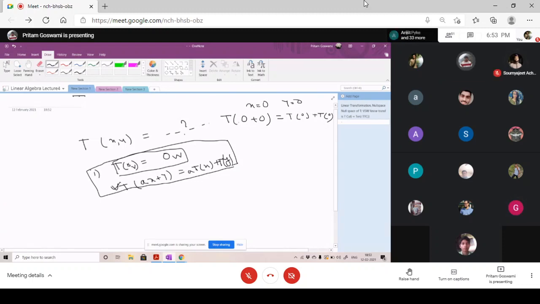Yes, sir. Now T of 0 plus 0 is basically nothing but T of 0, because 0 plus 0 vector is 0 vector only, and here it will remain the same. So basically if you cancel one T of 0 from both sides, you will get T of 0 equals 0. So you don't have to check this also, you just have to check whether this is met or not.